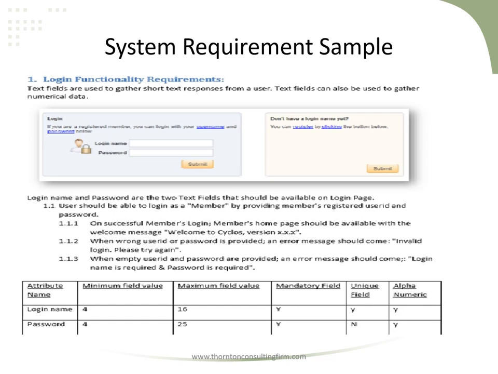And it also states that this field should only accept alpha and numeric characters. Let's move forward with the password field. Similar to the login field, the minimum field value is 4. However, the maximum field value is 25. It is also a mandatory field, and it accepts alpha and numeric characters.